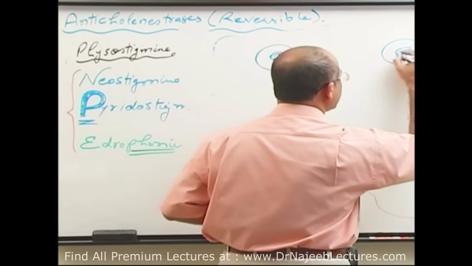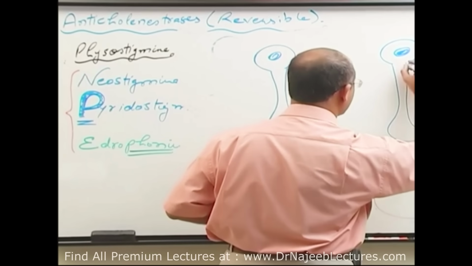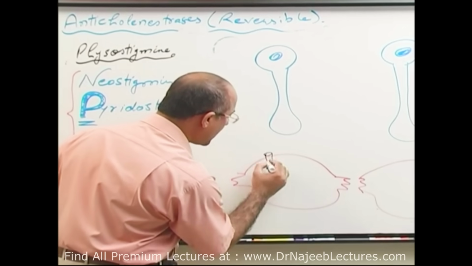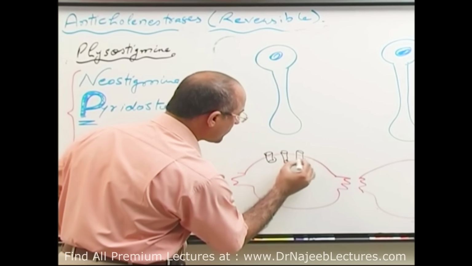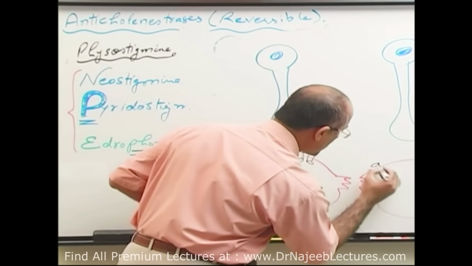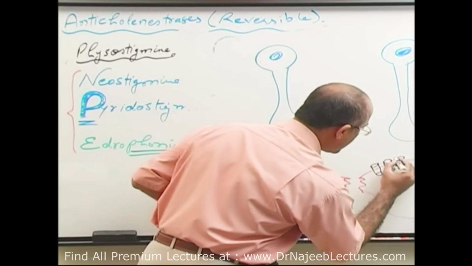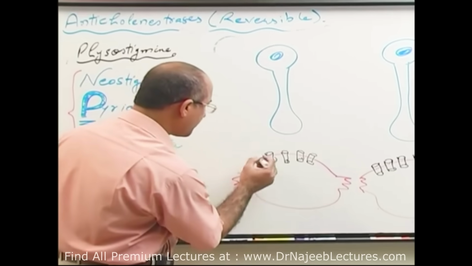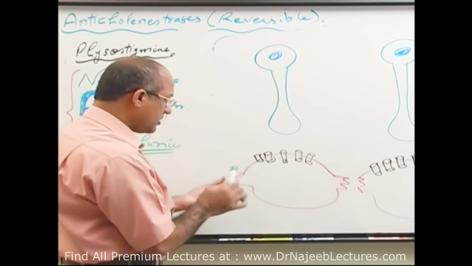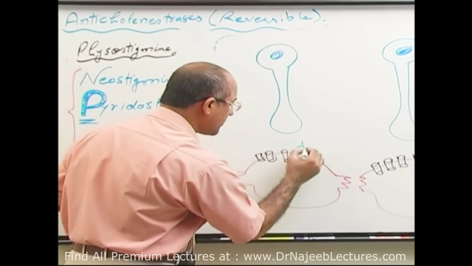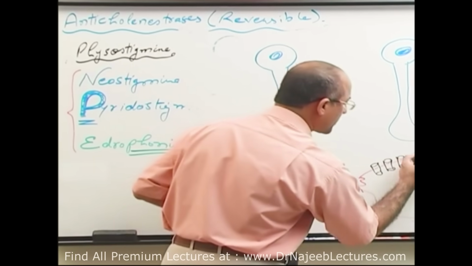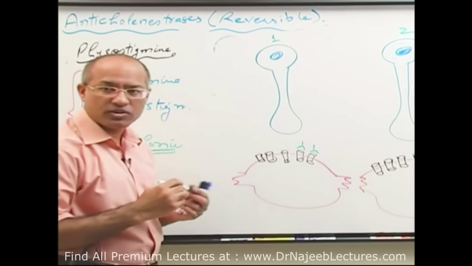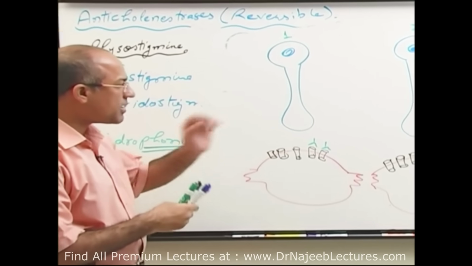And you know the basic problem in a myasthenia gravis patient: these nicotinic channels have antibodies against them. Of course, antibodies are there and channels are not available for full function. This is patient number 1 and this is patient number 2, with the neurotransmission system. You are managing them.